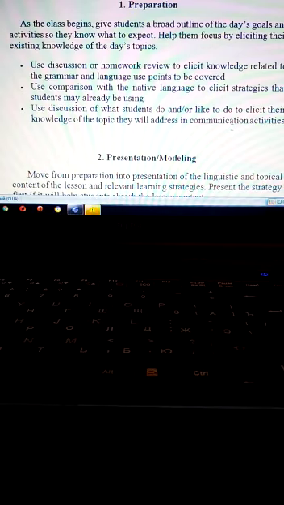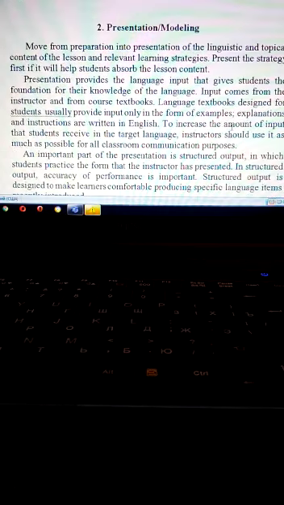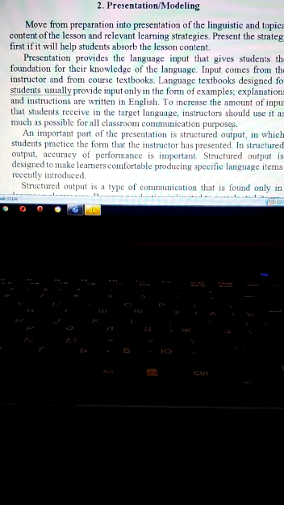Use comparison with the native language to elicit strategies that students may already be using. Use discussion of what students do or like to do to elicit their knowledge of the topic they will address in communication activities. The next part of the lesson is presentation or modeling.